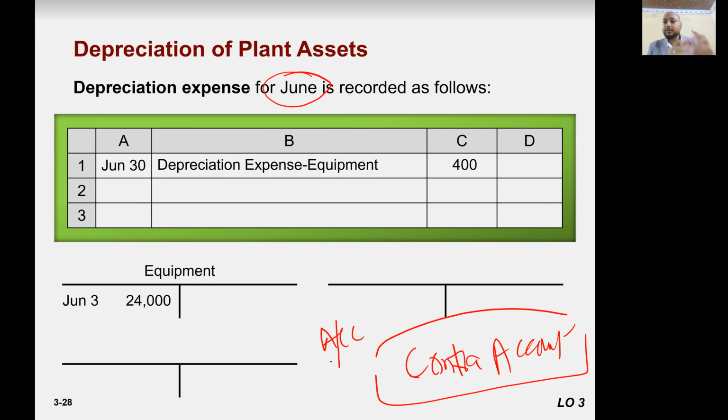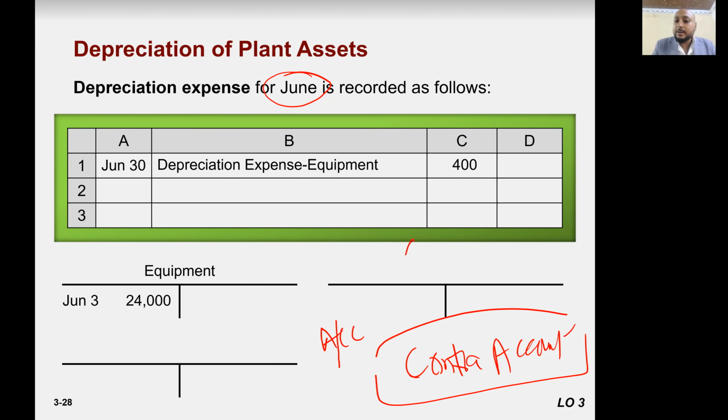How much is the total depreciation? Because expense will go to the income statement. Every year the income statement is going to have a profit and all that, so we don't know how much total depreciation we have allocated. So we create a contra account. Contra means the opposite account of the asset.